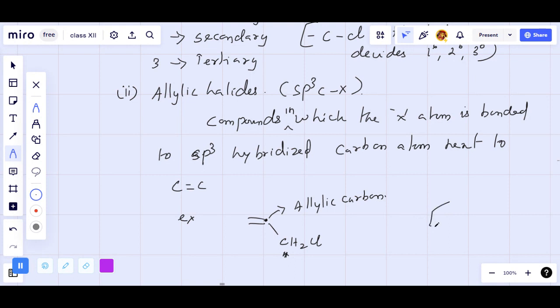In the same way, in cyclic compounds like this, this is the allylic carbon. This is not aromatic, sorry, this is a cyclic compound.